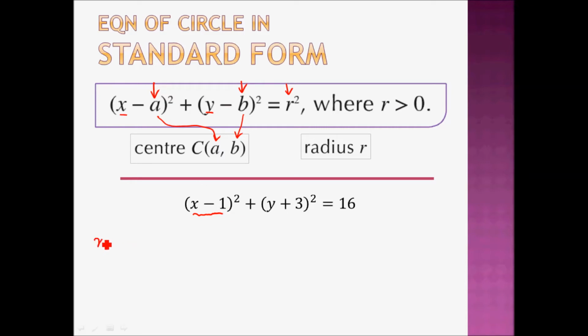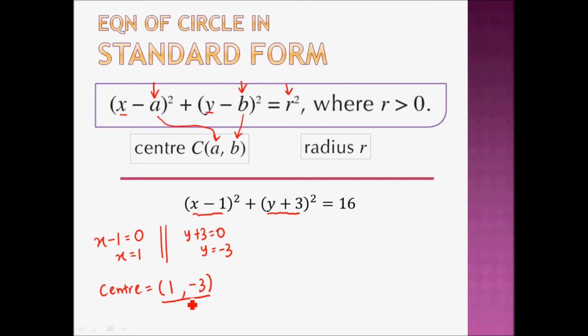I can mentally let x minus 1 equal 0 and solve for x, which equals 1. So x equals 1 is the x-coordinate of the center. Next, to find the y-coordinate, I focus on y plus 3. I let y plus 3 equal 0 and solve for y, which equals minus 3. So y equals minus 3 is the y-coordinate of my center. This is the full coordinates of the center.